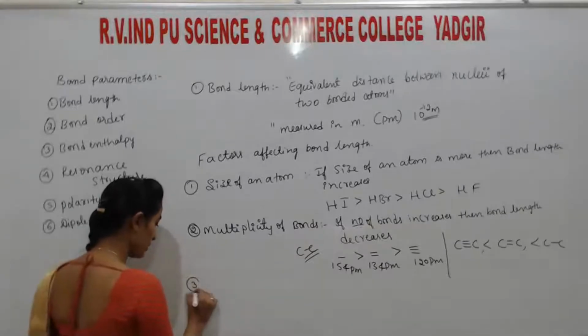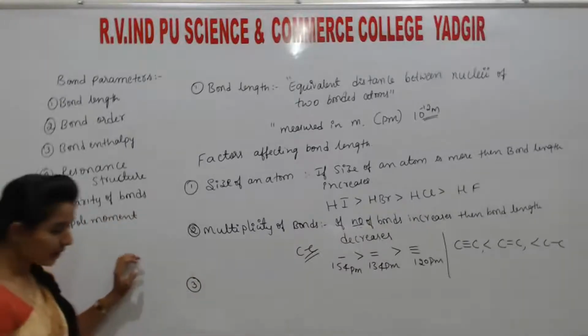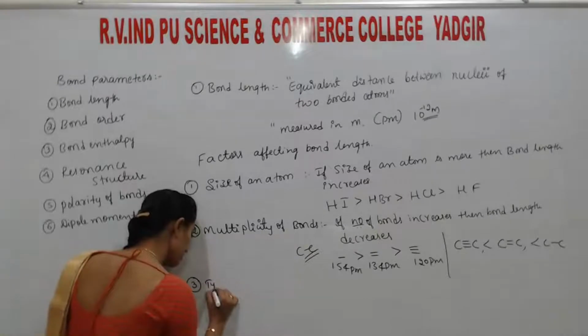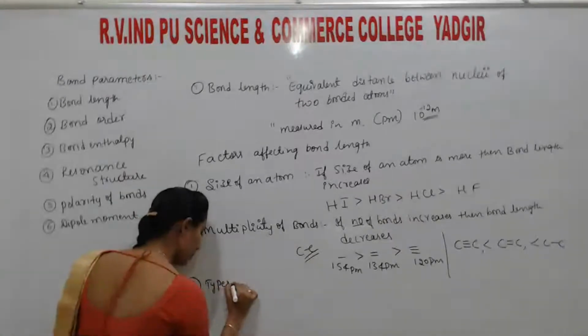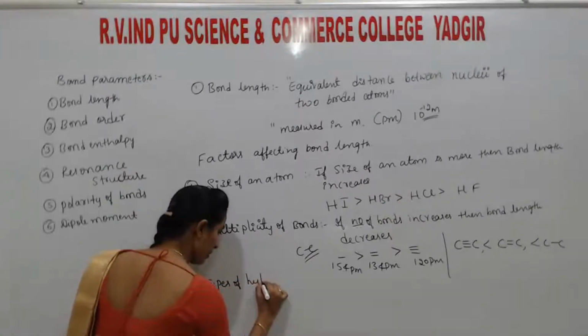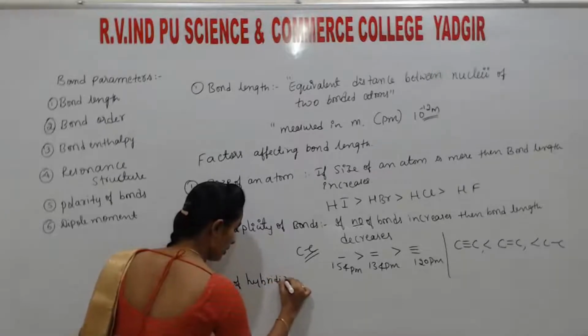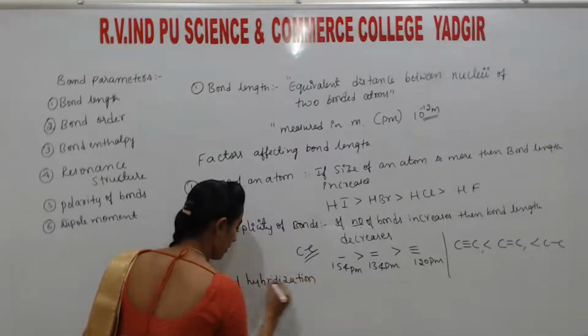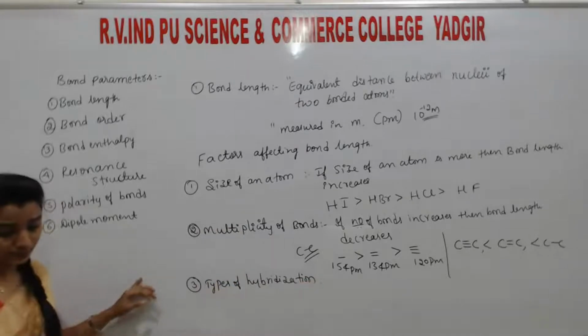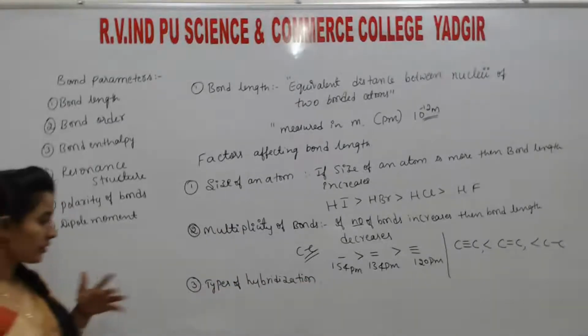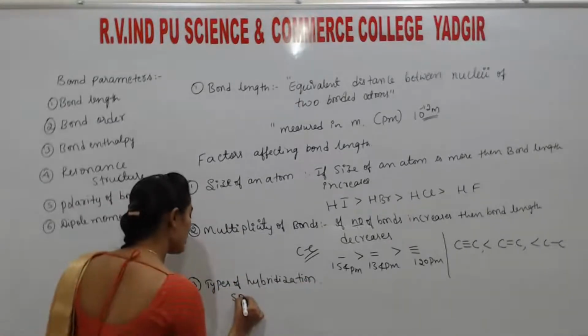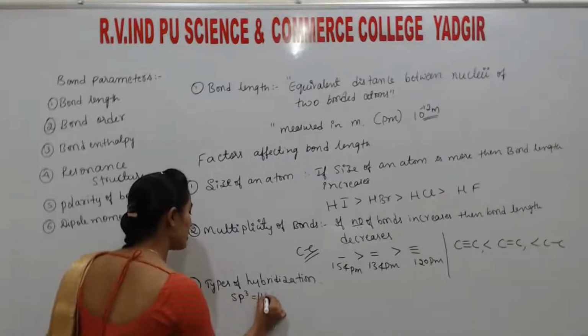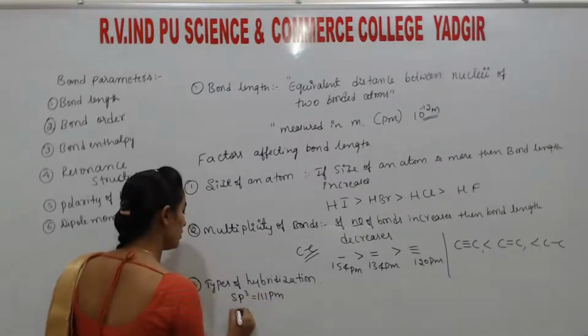Next, the third one is, of course, types of hybridization. Okay, so listen, if it is sp3 hybridization, it is 111 picometer.